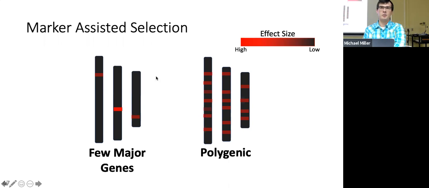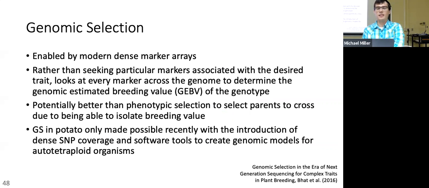This would be a good candidate for marker assisted selection. The trait on the right would not be a candidate because it has a lot of different markers associated with it that all have small effect sizes. This would be a situation where you can use genomic selection.